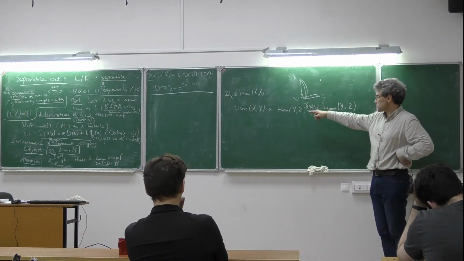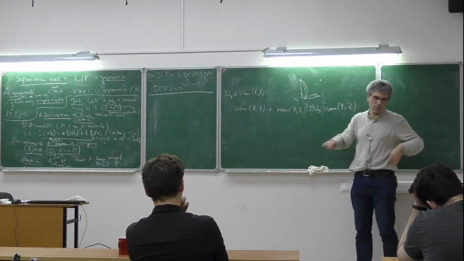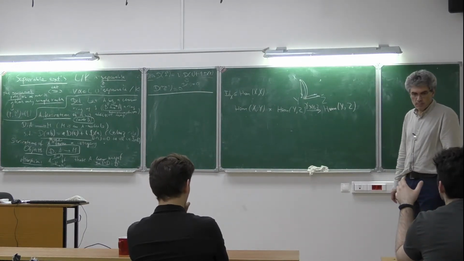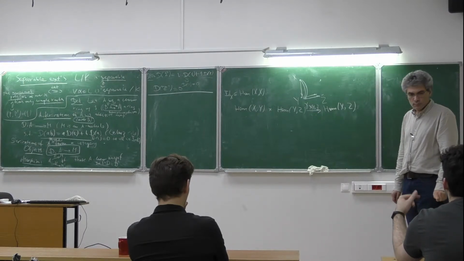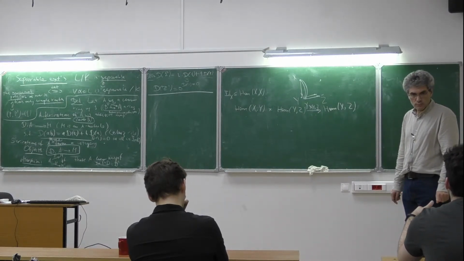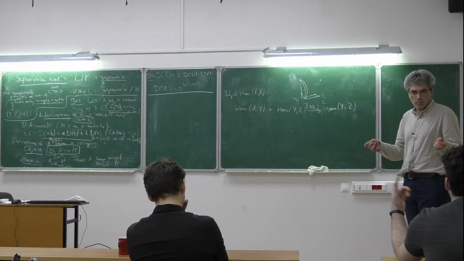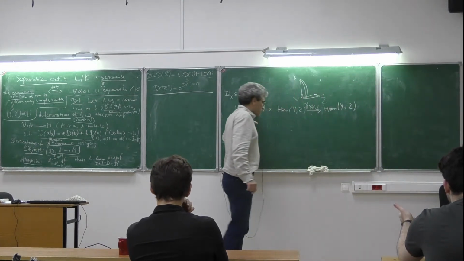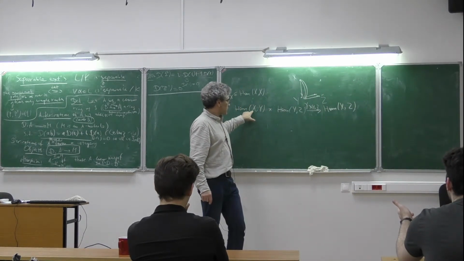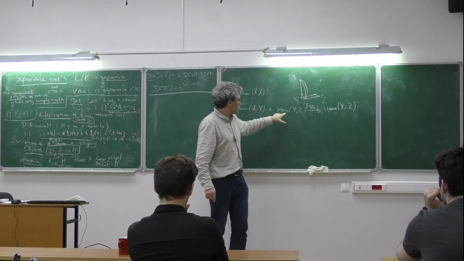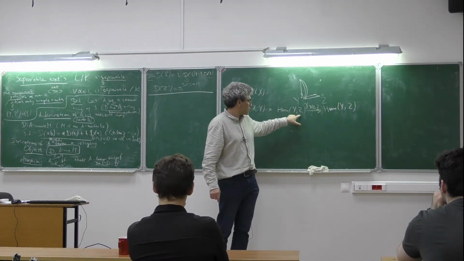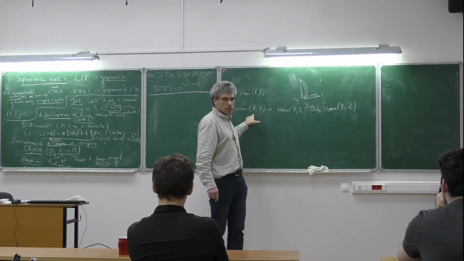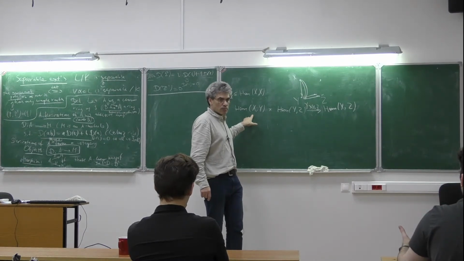And of course, this composition should be associative. So this means that there are maps from x to y and from y to z, and then you can compose them to get maps from x to z. These sets may be empty.